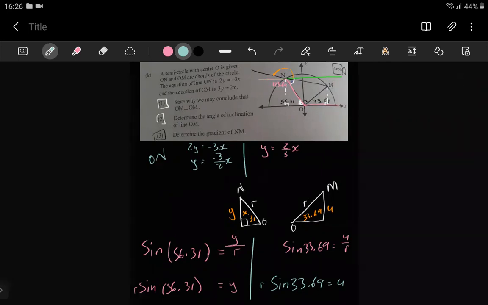Is it possible to use trig to find out the angle of N? You mean this tiny part? Yes, or the angle of N. As it stands, it doesn't look like we have enough information at all. That's a bit of a problem.